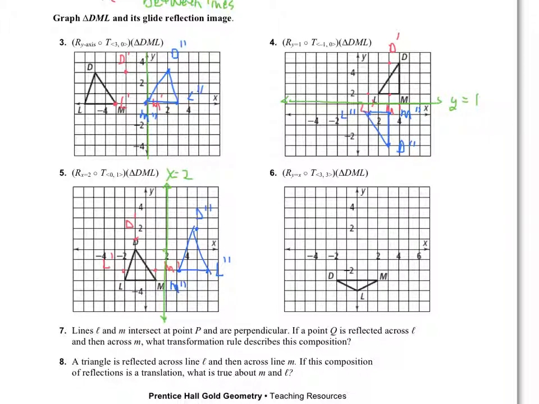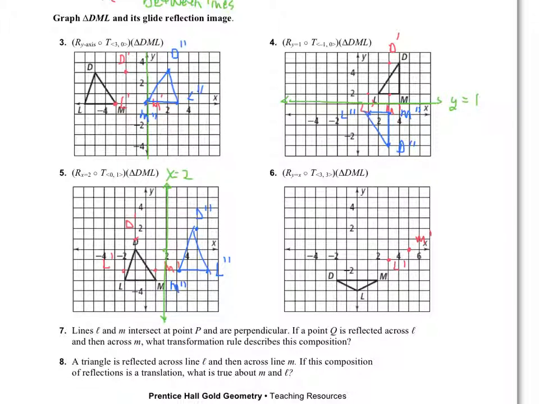And the final one on this page is question 6. And so we're going to start off with translating 2 directions, right 3 and up 3. So every point gets moved to the right 3 and up 3. So this is where M prime will be. And then L would be here, L prime.